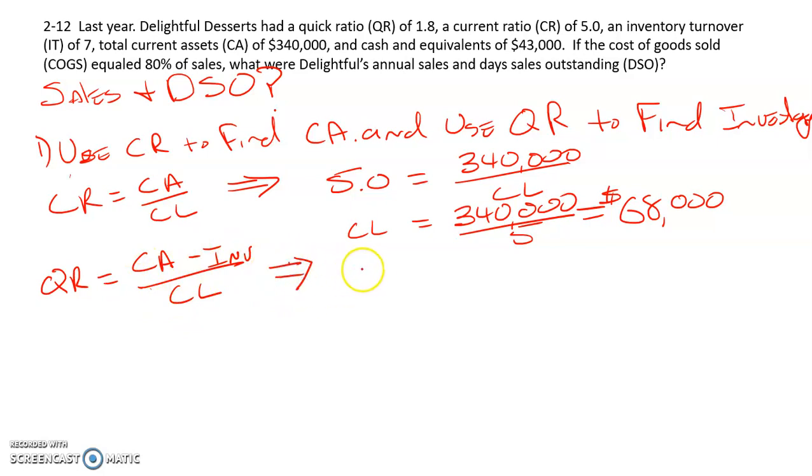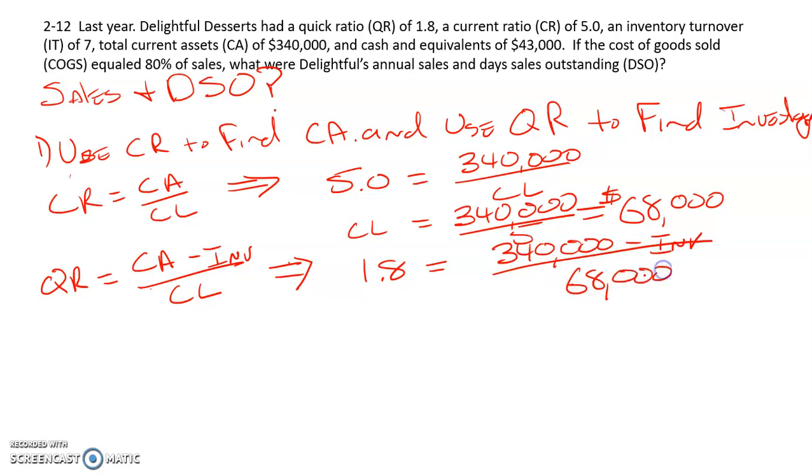So we plug everything in here. 1.8 is our quick ratio. Our current assets is 340,000, and we're trying to figure out what inventory is, divided by 68,000.